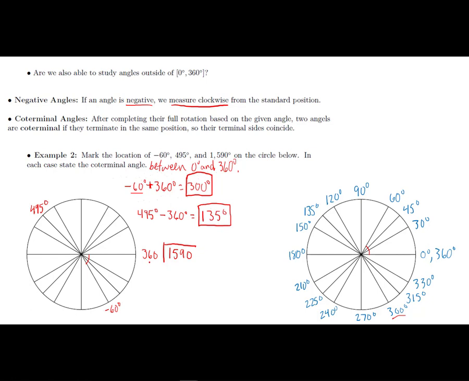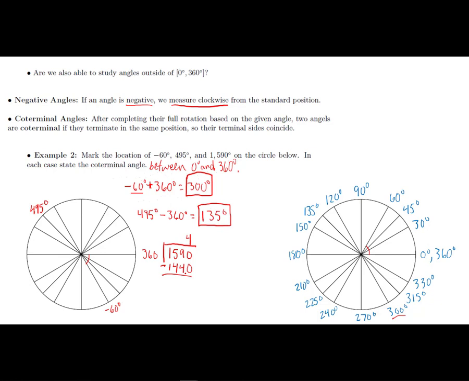Okay. So I'm just doing a little long division here. I believe if I sent 360 degrees into 1,590 four times, then that would work. So understand what I've done here. I've taken 4 times 360.